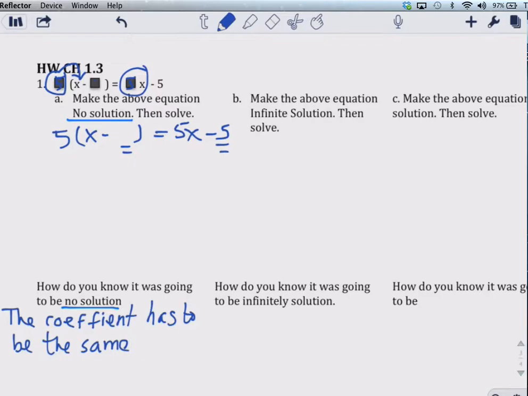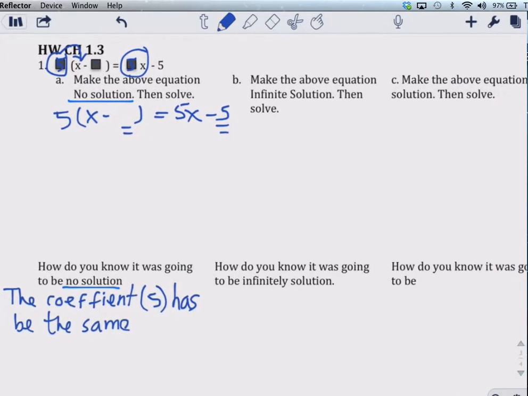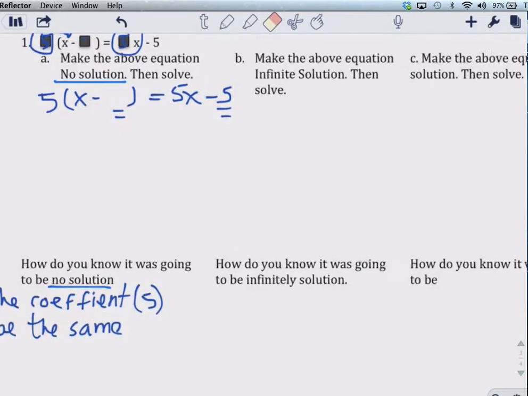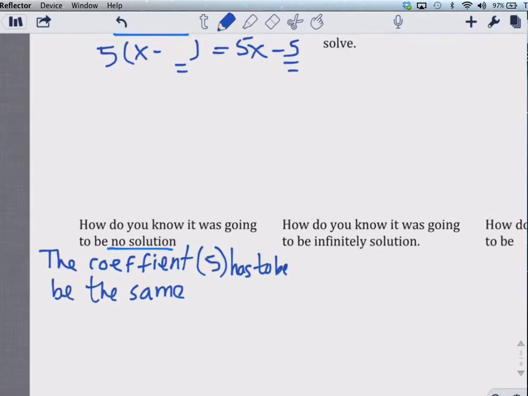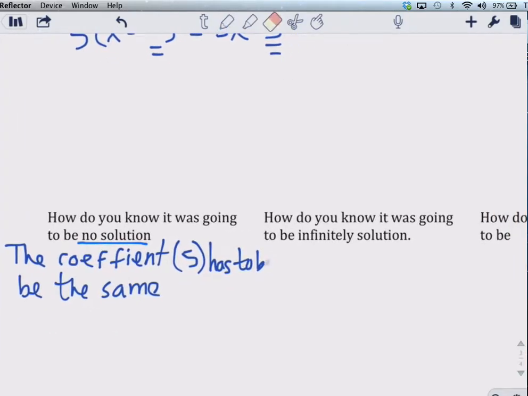In this case, the coefficient, which is 5, has to be the same.